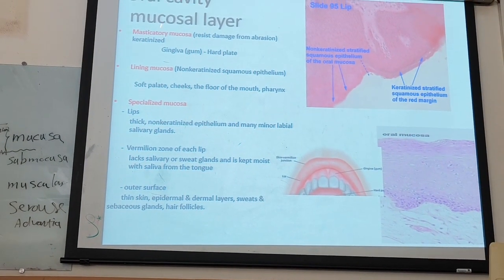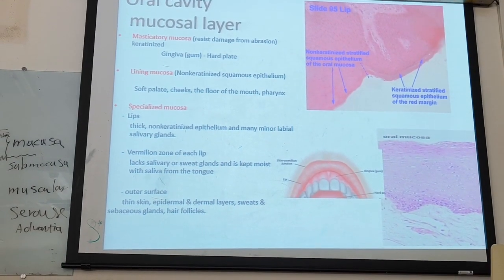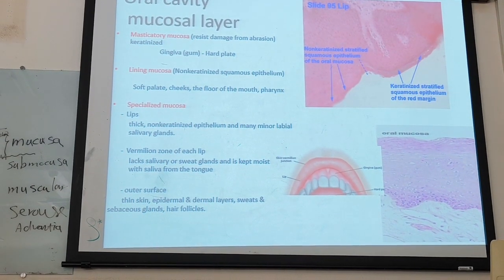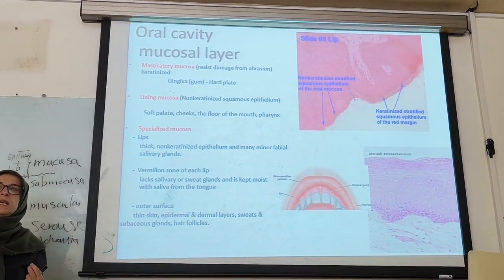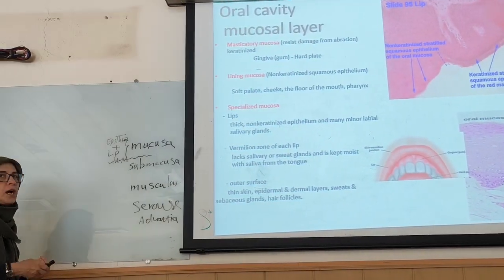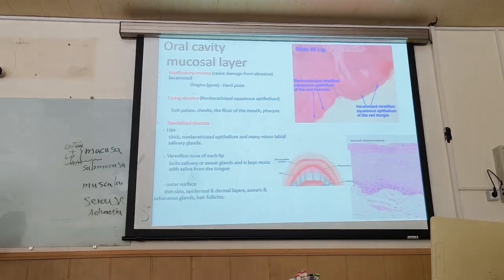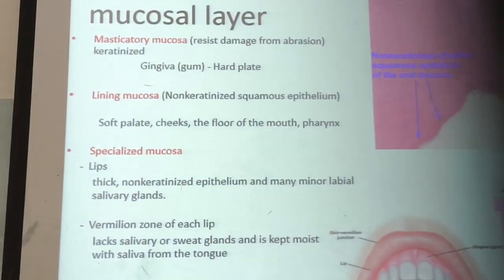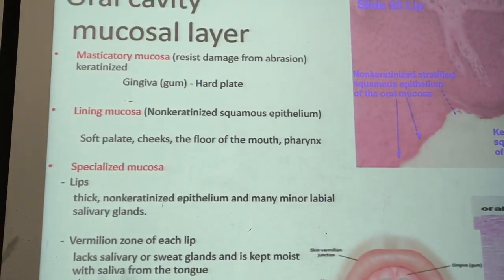The mucosal layer in the oral cavity, based on the location, population and also the percent of keratinization, is divided into 3 types: masticatory mucosa, lining mucosa, and specialized mucosa in different parts of the oral cavity.